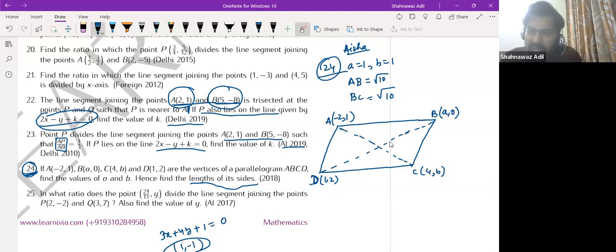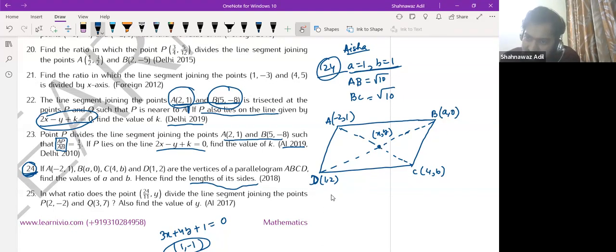So we have to draw the diagonal, and let's say now they have given A. Sir, I got A as 1 and B as 1. Okay, so you are getting the same answer. And what about Shaima? You got stuck in this question.